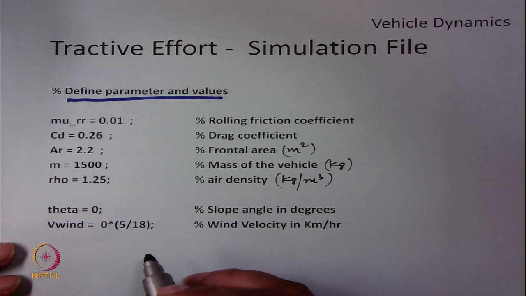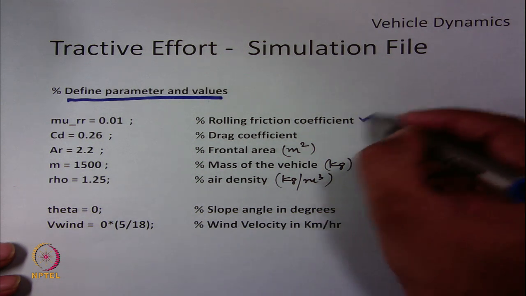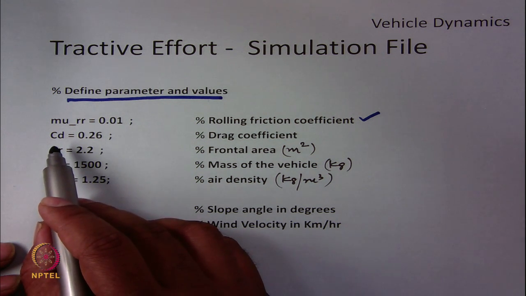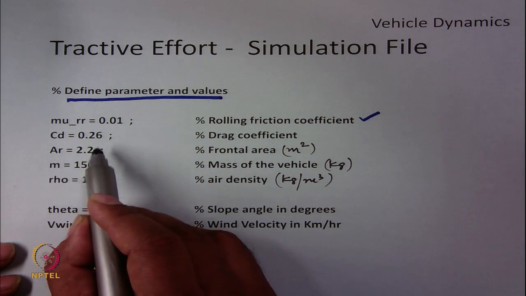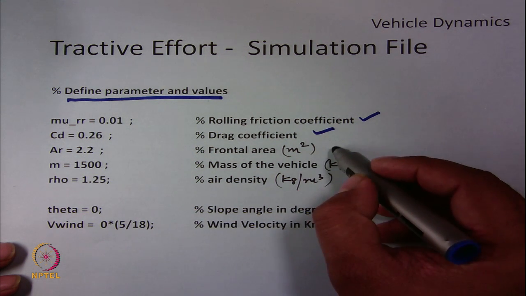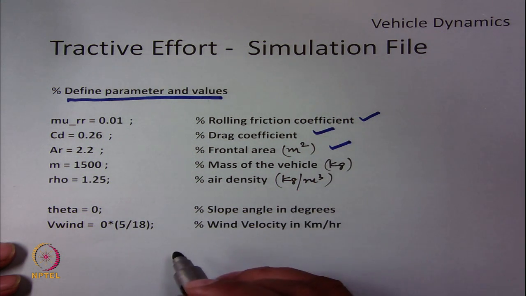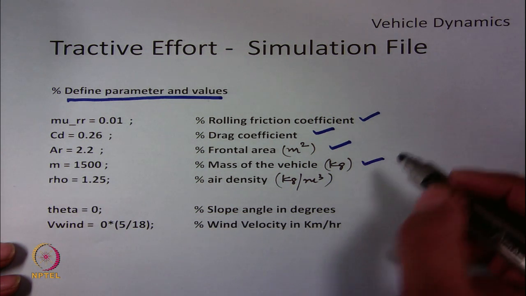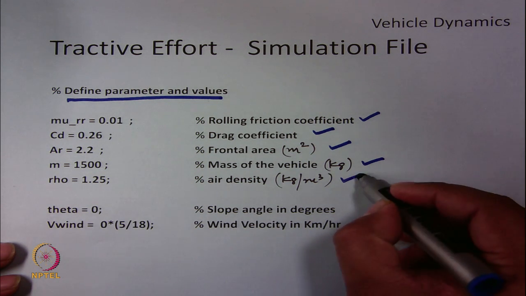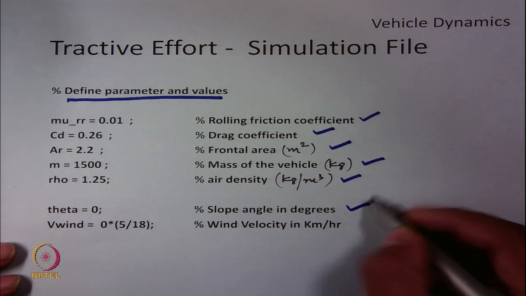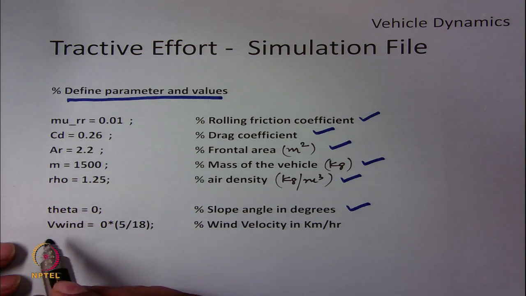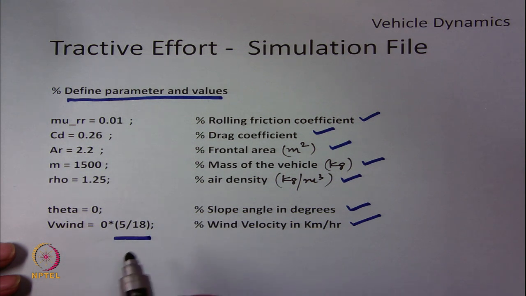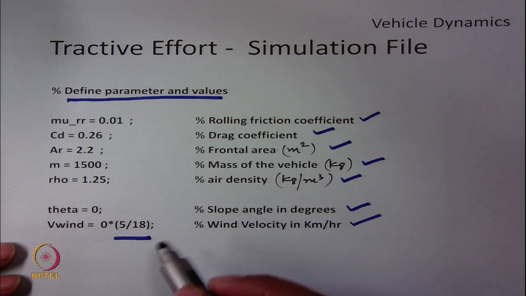In our case we need to define the rolling friction coefficient, mu RR, let us say 0.01, drag coefficient of 0.26, area of 2.2 meter square, mass of 1500 kgs, air density of 1.25 kg per meter cube, theta in degrees, and vehicle speed, which we can give in kilometer per hour, but if we multiply it by 5 by 18 we convert it to meter per second.